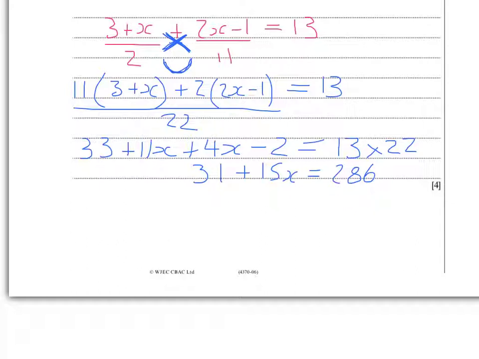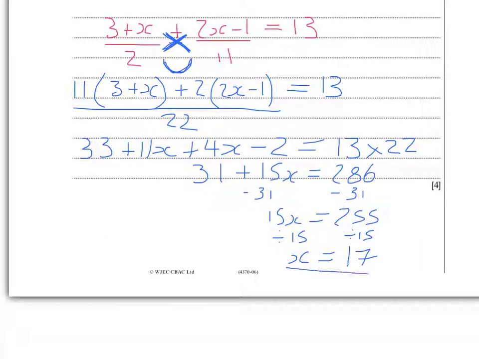Well, I need to get rid of that 31 first. So I'm going to take away 31 from both sides. So 15x is going to be 255. And then to get rid of that 15, I'm going to divide both sides by 15. So 255 divided by 15 gives me 17. So I've got my final answer, x equals 17.